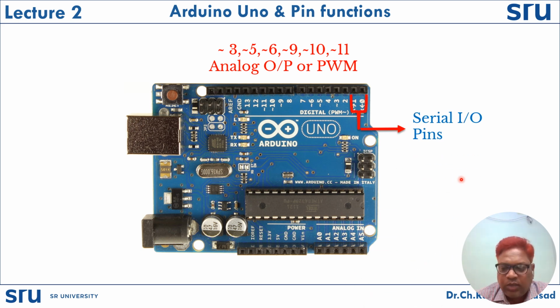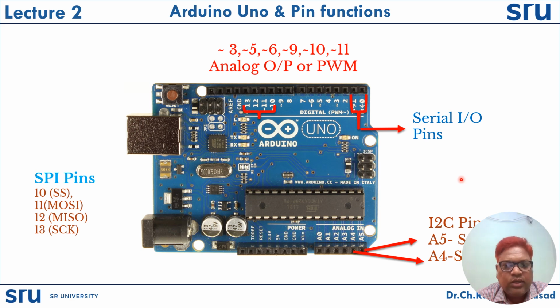Next, coming to serial ports, the Arduino UNO has 3 serial ports. The first one is serial IO. This represents UART, which is nothing but Universal Asynchronous Receiver and Transmitter. As the name itself says, it has 2 pins, receiver and transmitter, RX and TX.